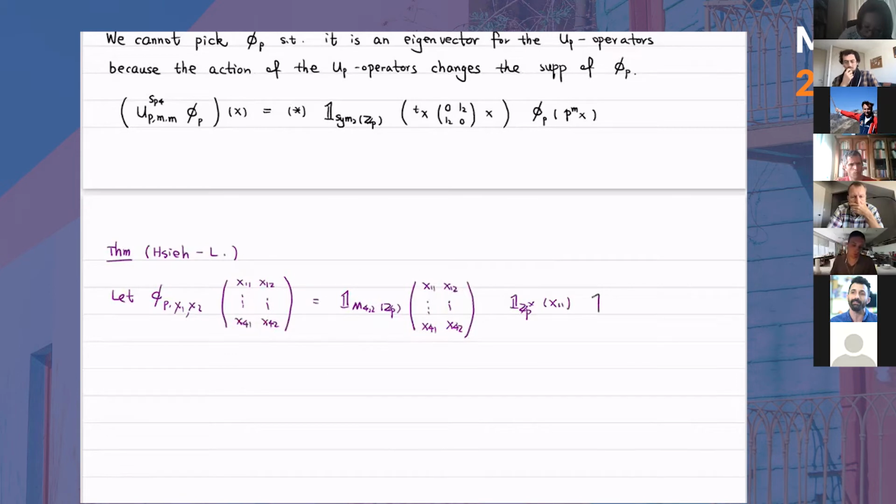And I also want the upper 2x2 block supported on GL2(Z_p). And then I take the value of chi1, chi2 inverse at x11, and then I take the value of chi2 at the determinant of the upper 2x2 block.